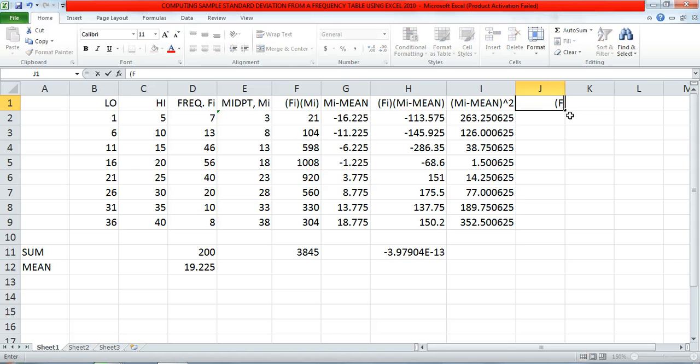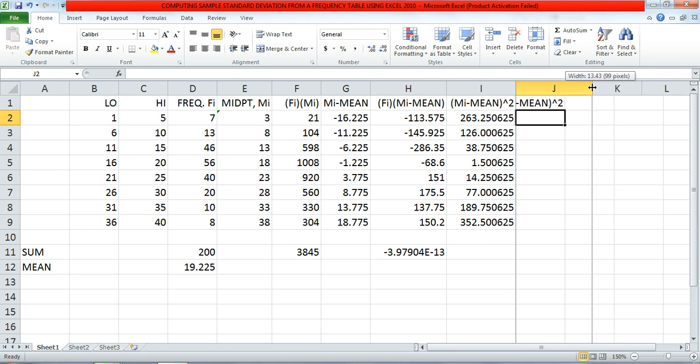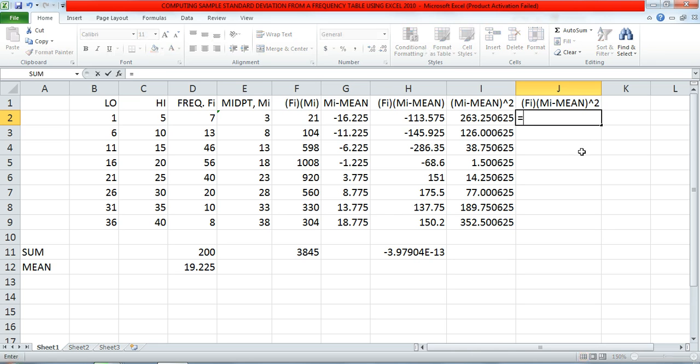What we need is the frequency Fi times this mi minus the mean squared column. Let me make that column a little wider. This will be our last column.